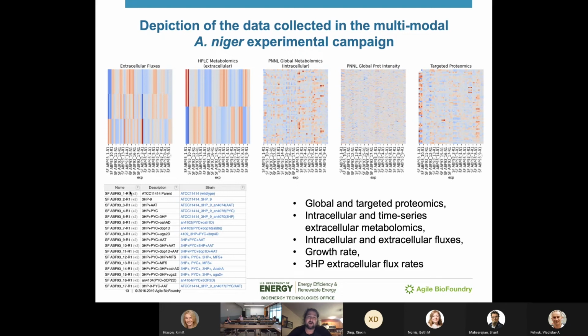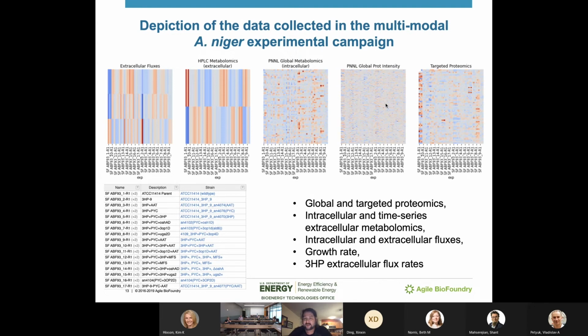And in addition, we also calculated intracellular fluxes. We had extracellular fluxes, but from the extracellular fluxes and the global proteomics, we could come up with condition-specific fluxes. When we do that, we have an additional data source with which to constrain our Bayesian metabolic control analysis.